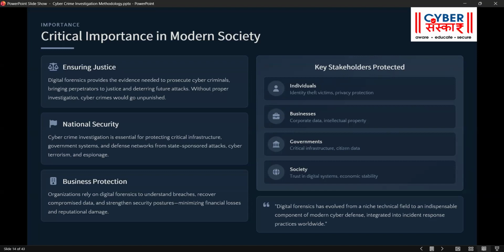And bringing the accused person to justice and deterring future attacks, so that the accused person should not get involved in cyber crimes. Although the IT Act 2000 provides stringent punishment for cyber crimes, that is, a minimum of 3 years of service and a minimum of 1 lakh rupees of fine, and it may range from 3 years to life imprisonment.